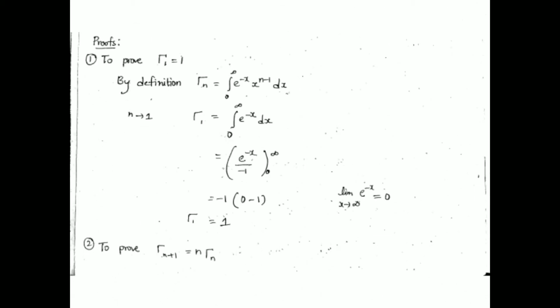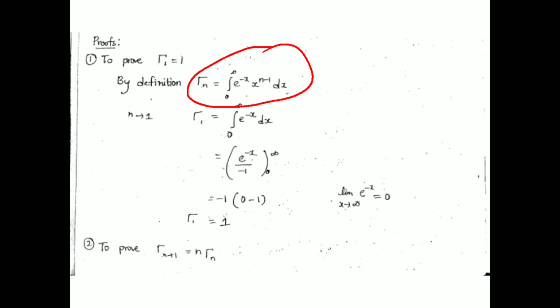This is the first property, that gamma 1 is 1. How is it possible? By making use of the definition of the gamma function, that is gamma n is the integration from 0 to infinity of e power minus x times x power n minus 1 dx. Now gamma 1 is n replaced with 1.